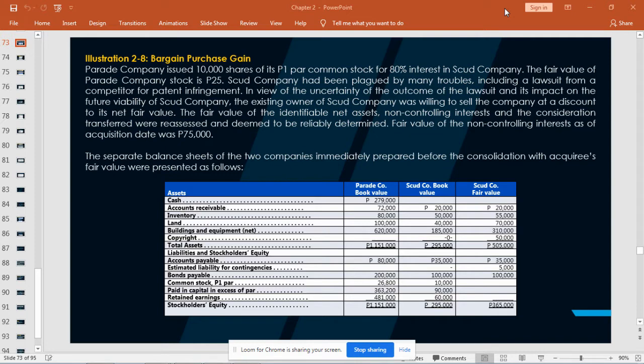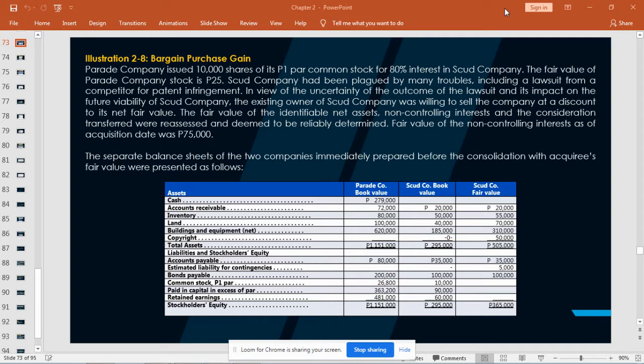So, previously we have discussed the consolidation as of the balance sheet acquisition date. We have prepared a consolidated balance sheet as of acquisition date using the full goodwill approach and the partial goodwill approach using the work papers.